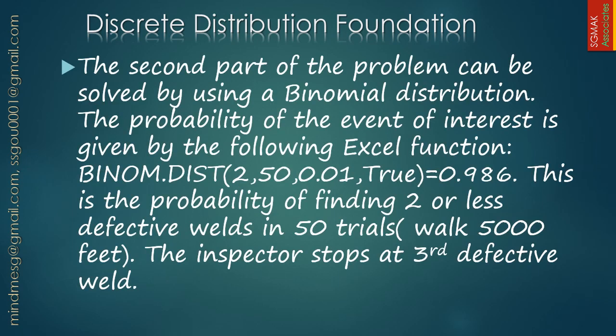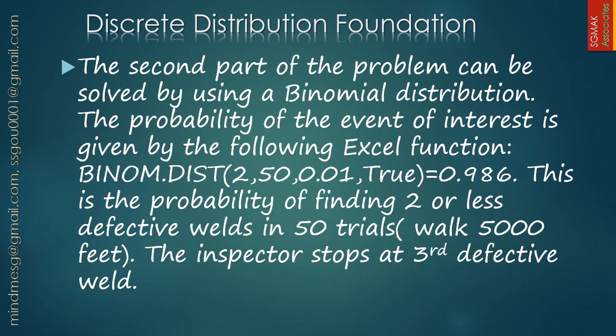Now, the second part of the problem can be solved using a binomial distribution. The probability of the event of interest is given by the binomial Excel function, BINOM.DIST. We're trying to find out less than 3 defectives, so 0, 1, or 2. So the first input is 2. We had 50 trials. The probability of success in each trial is 0.01.